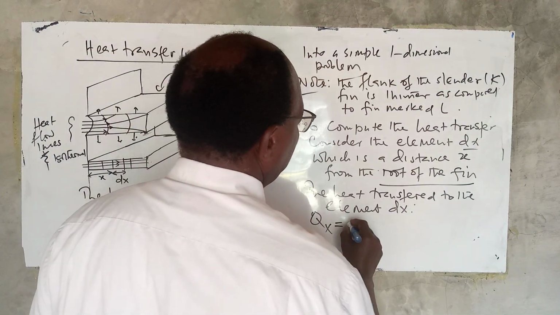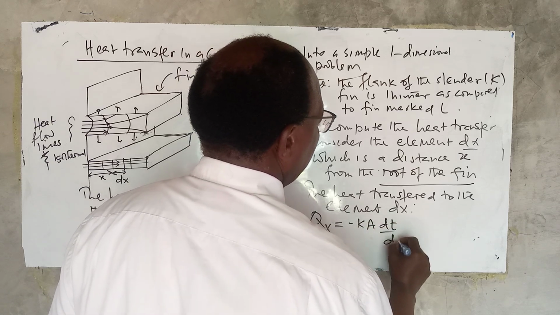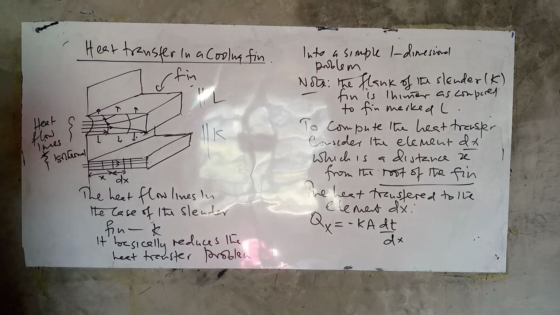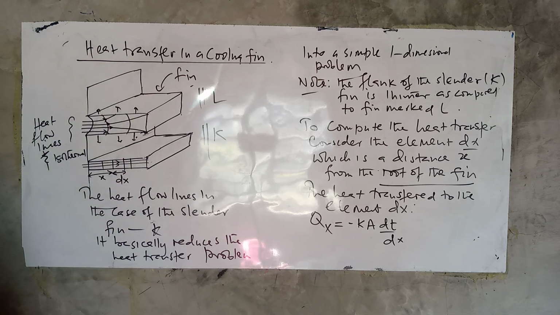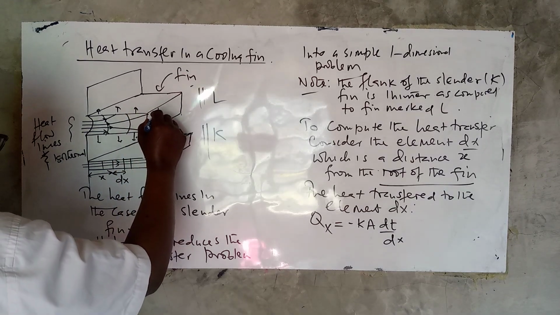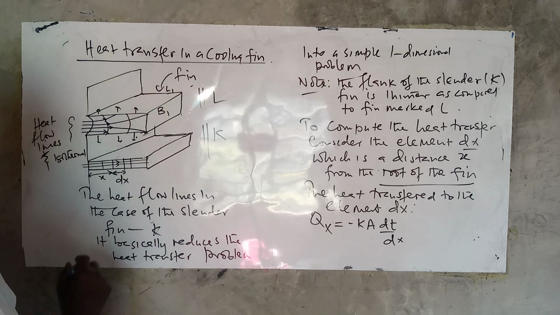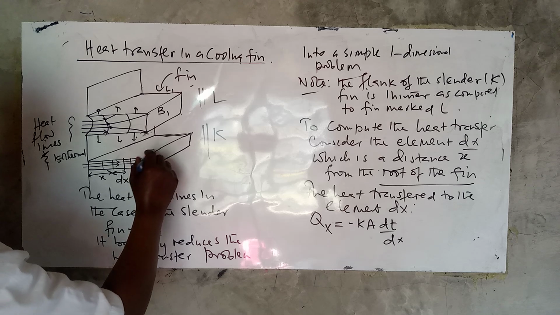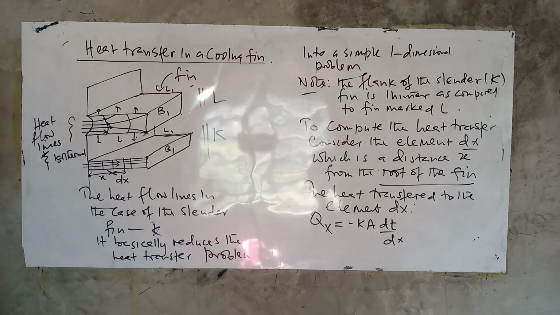It will be minus k times the area times the change in temperature over that distance. If we give these quantities dimensions, let us call this B1, and let us call this lowercase l, which makes our life easy.